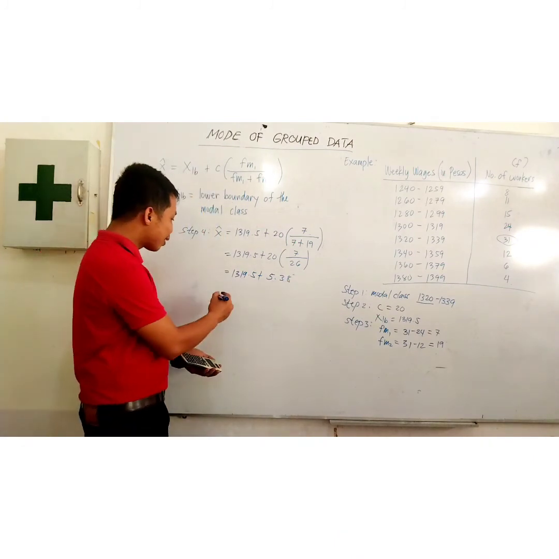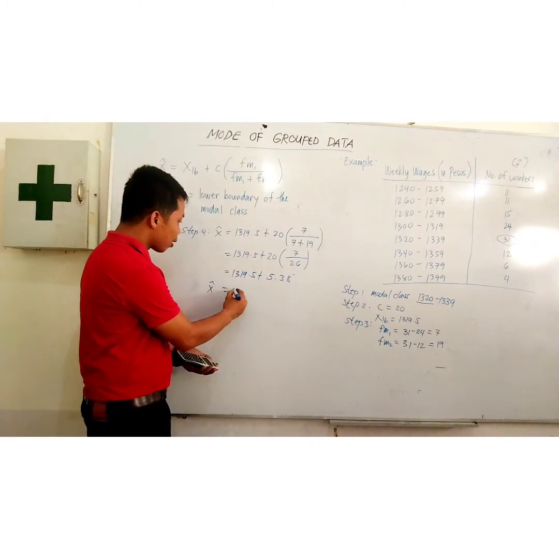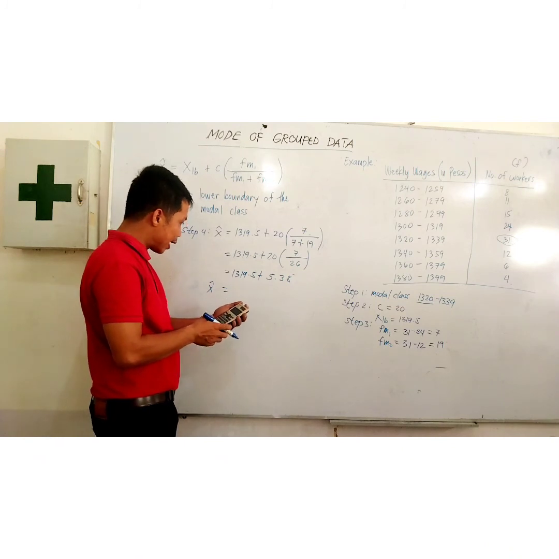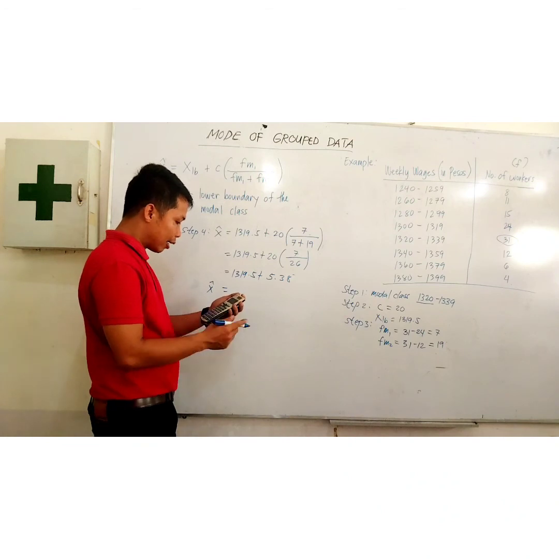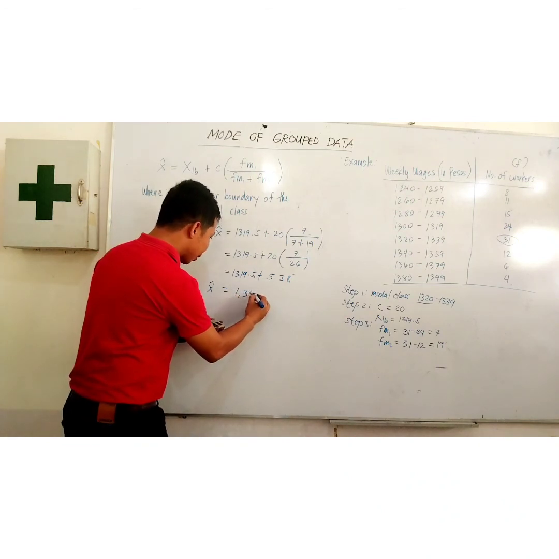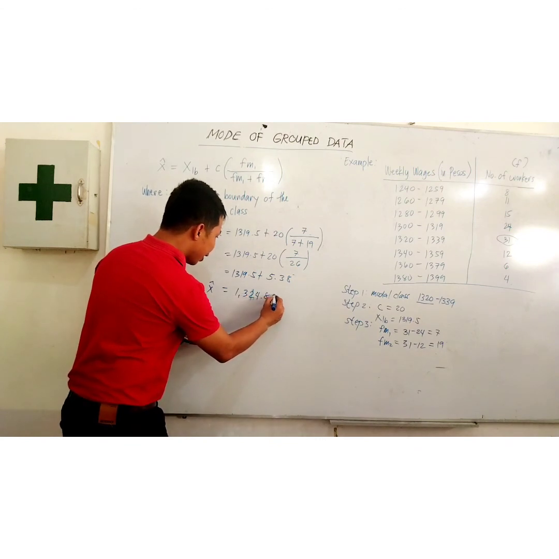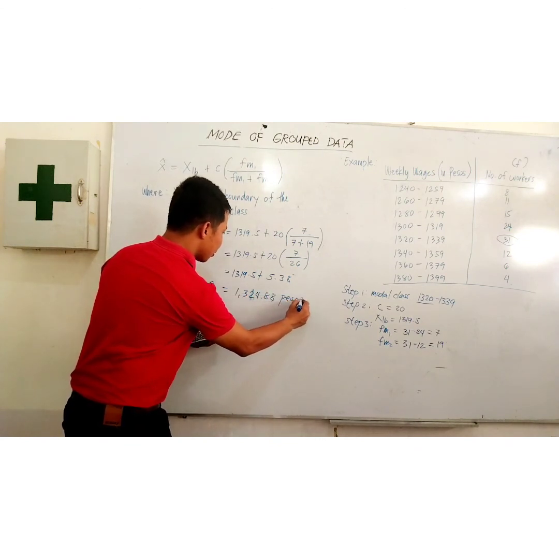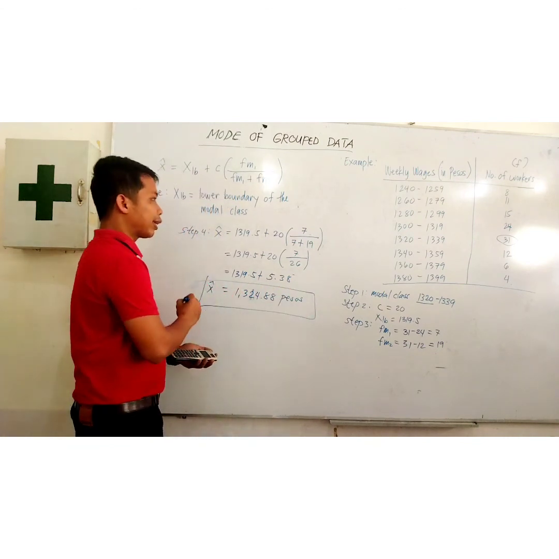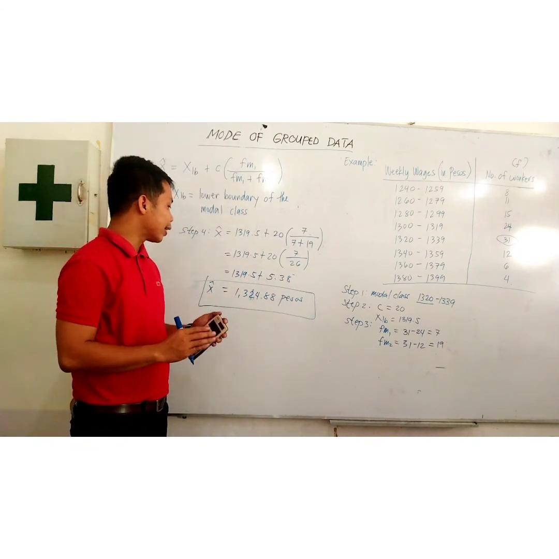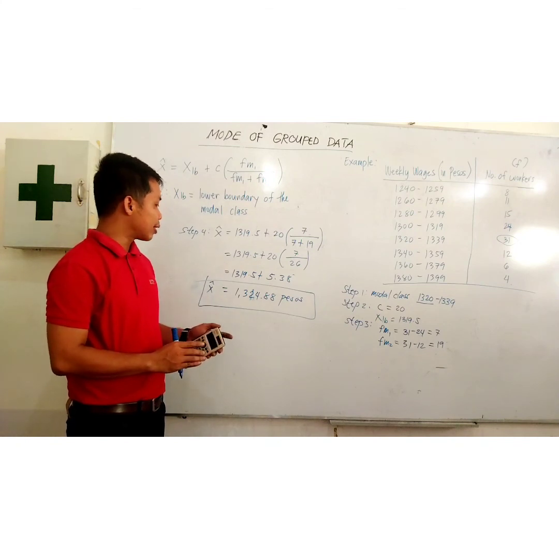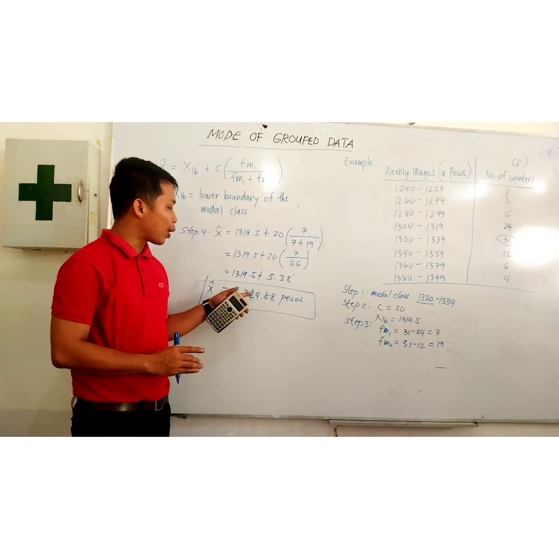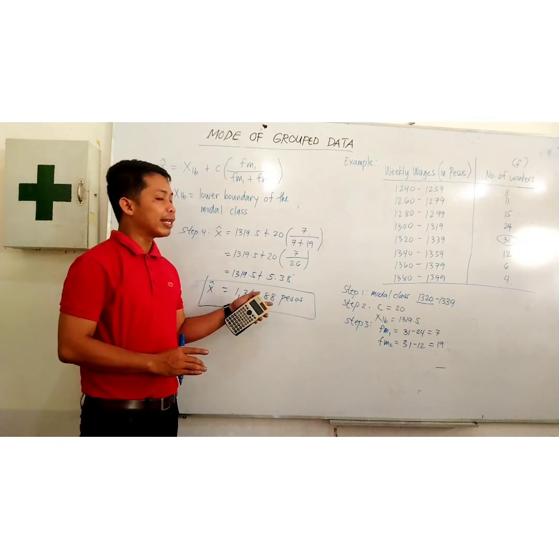So, simplifying, finally we have 1319.5 plus 5.38, we have 1,324.88 pesos. Okay, this means that the weekly modal wages of the workers is 1,324.88 pesos.